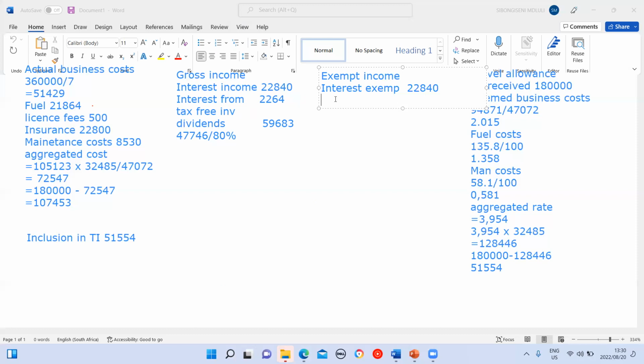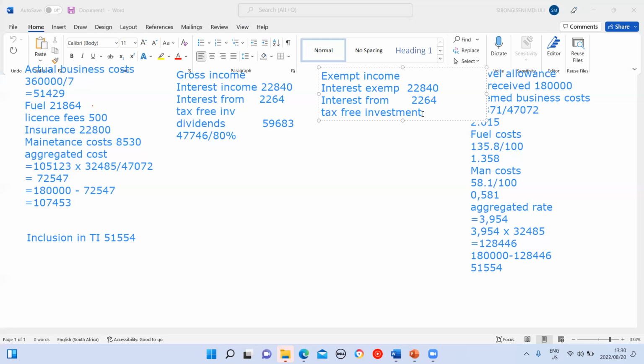So we have to exempt this interest from the tax-free investment, which will be 2,264, and both of them will be exempt.